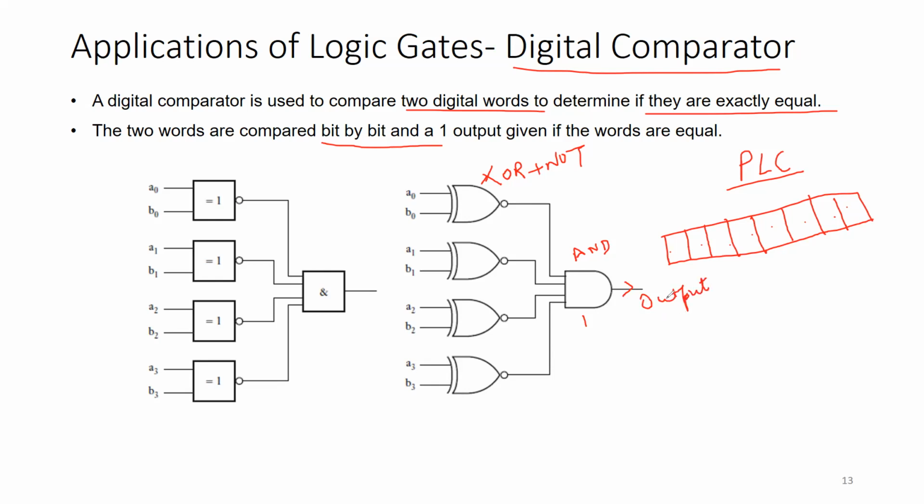That means we have designed such a system that if all the outputs from the previous gates are 1, then the output at the AND gate would be 1. Otherwise, if any of these becomes 0, then the output would be 0. So this is one example where we are using XOR, NOT, and AND gates for a digital comparator.